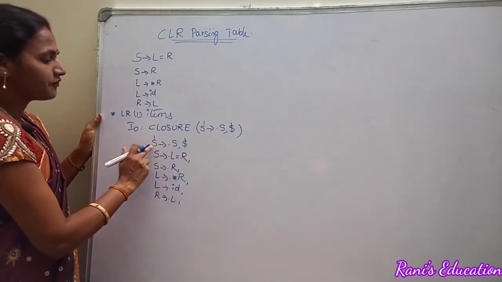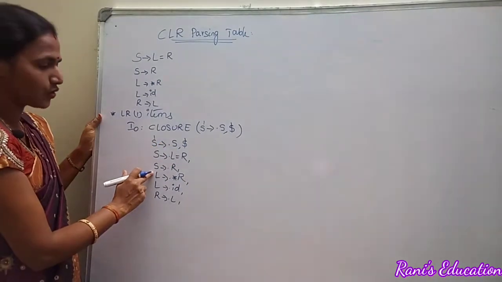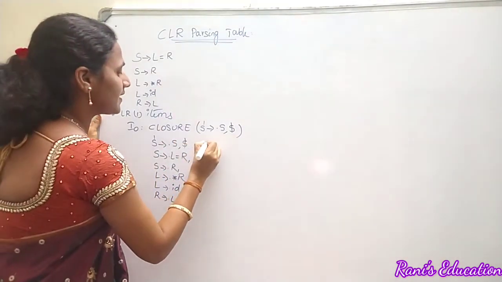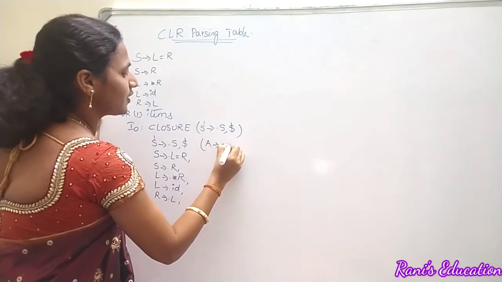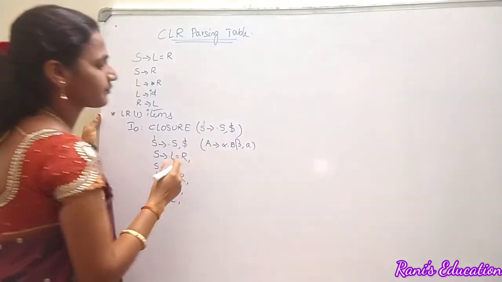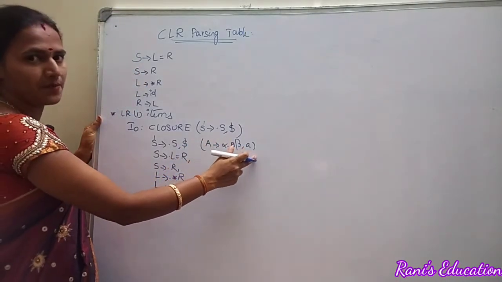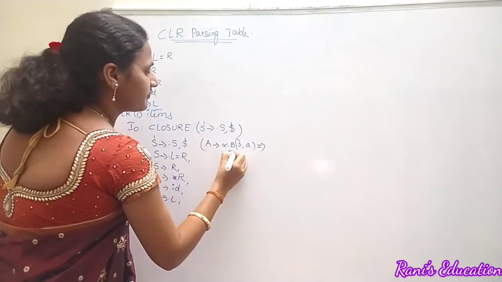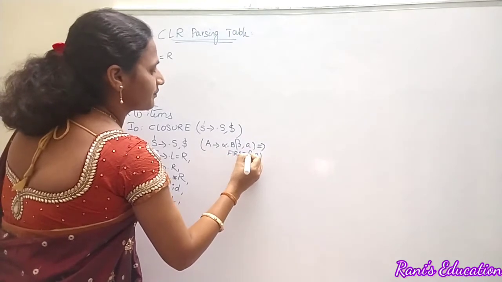With respect to the first production, we have written S productions in this I0 item. For the first production, we are going to apply the rule: if the production is of the form A derives alpha dot B beta comma a, then we are going to apply first of beta a.